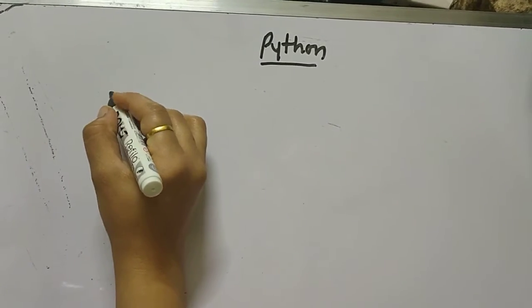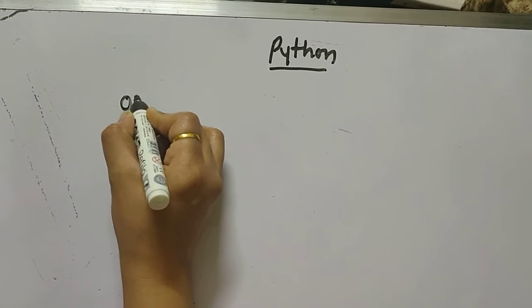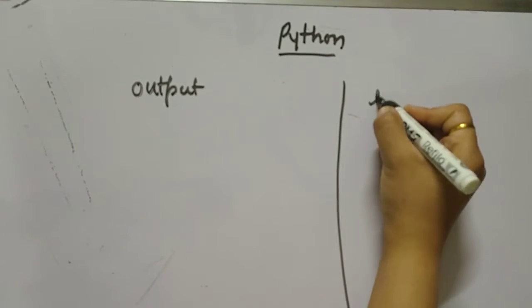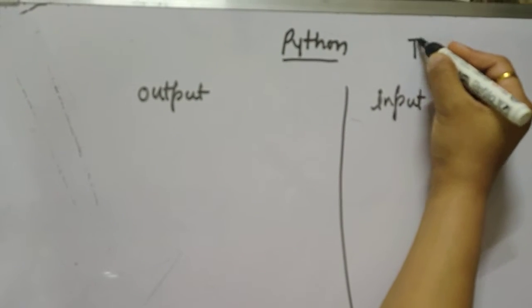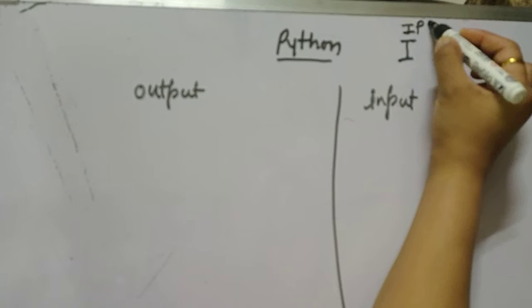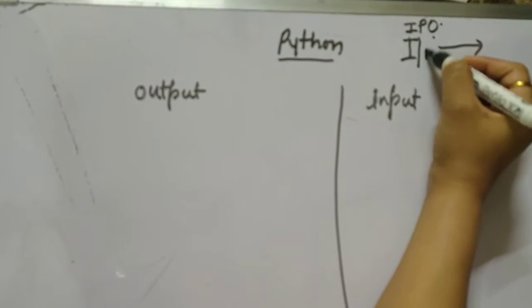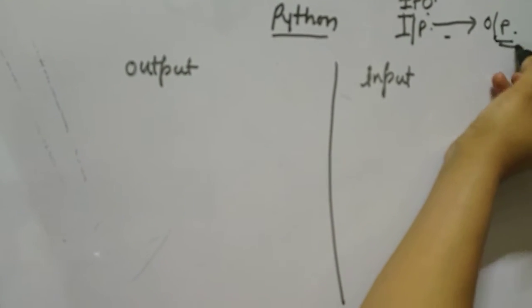Next we will discuss how we can print our message and how we will take the input. In any programming language there is the IPO cycle: input, processing and output. We give some input, some processing is done over that, and the output is given.